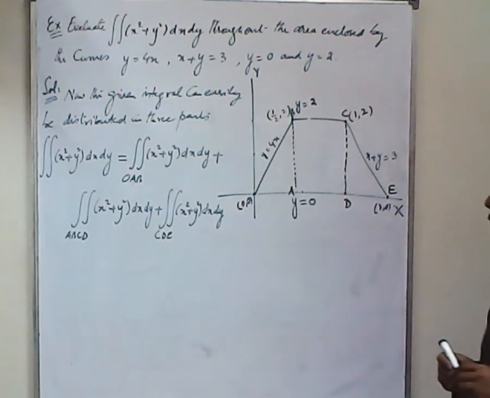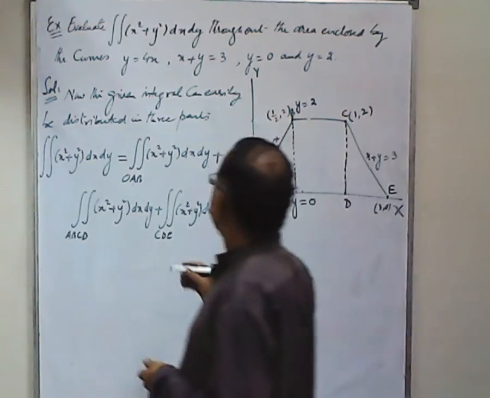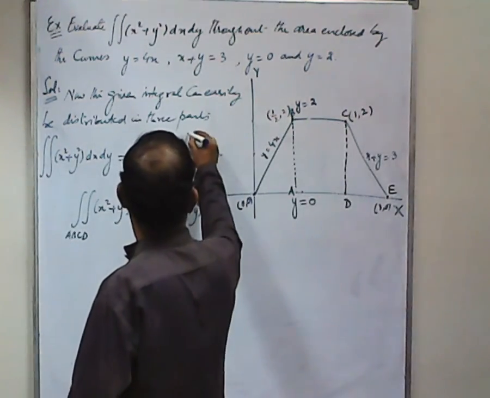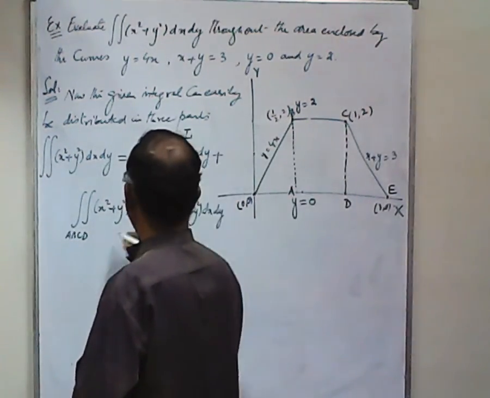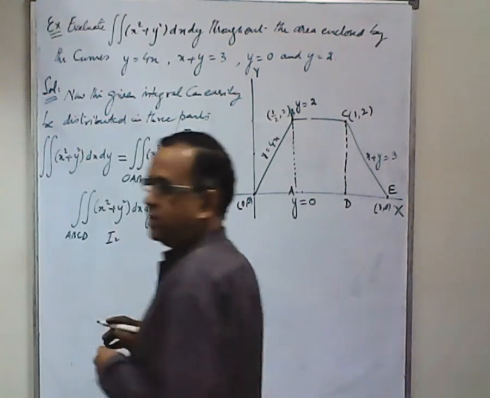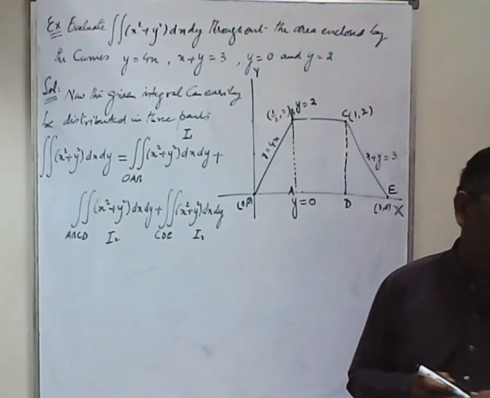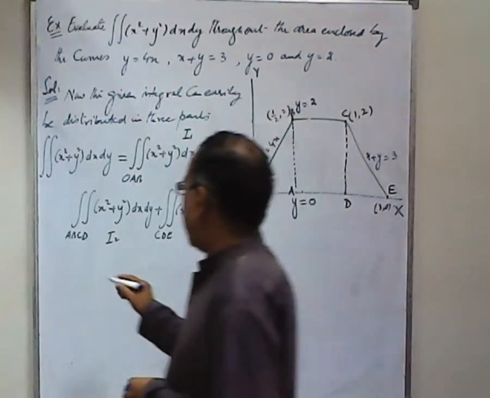So now going on one by one. Because I do not have place, I am highlighting this. This is I1, this is I2, and this is I3. So we can solve all these integrals one by one.